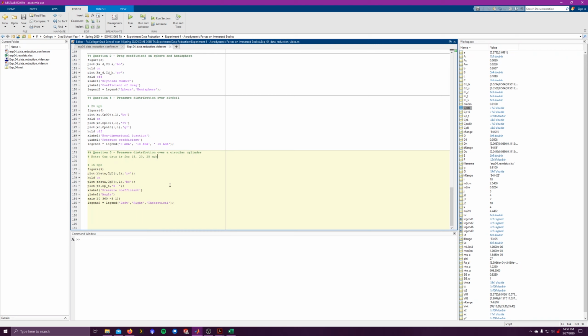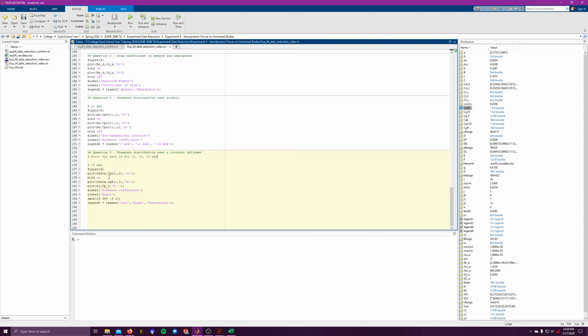Okay, so now we have question 5, the pressure distribution over the circular cylinder. Again, I'm only including one graph in this video, but you have 2 more to do. And I also put a little note here that our data is for 15, 20, and 25 miles per hour, allegedly, even though the data reduction shows that it should be for 20, 30, and 40.